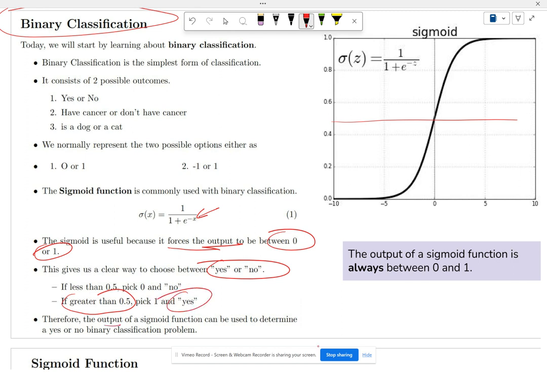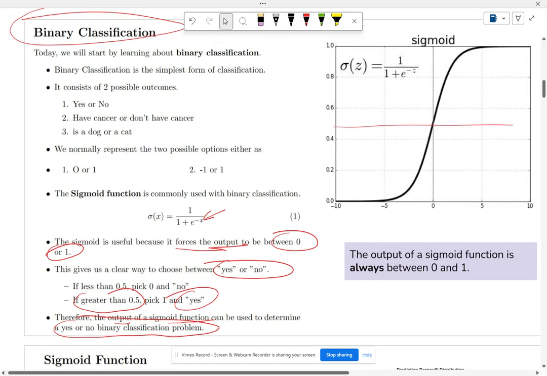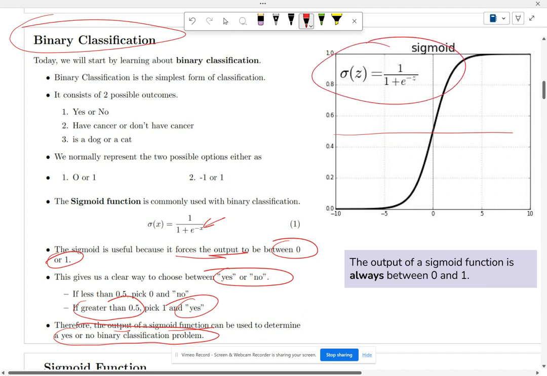Therefore, the output of a sigmoid function can be used to determine binary classification problems. We have previously gone through the sigmoid function when we were doing derivatives, and now you're starting to see why this function might be important.